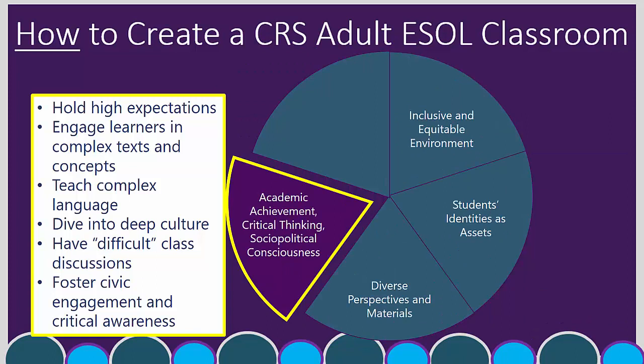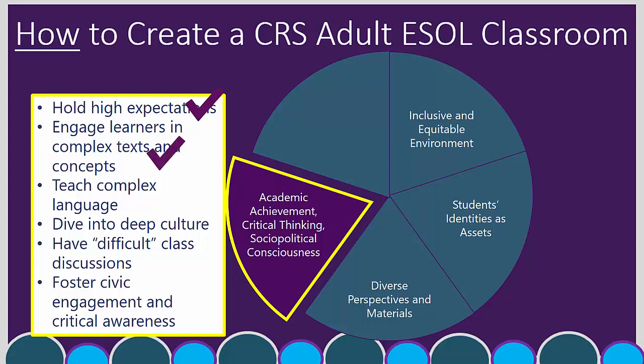Another key element of CRST is academic achievement, where learners engage in higher order thinking and develop socio-political consciousness. CRS teachers hold high expectations of their learners. They believe that all students can succeed, and they challenge any misconceptions students might have about their own abilities. They encourage learners to embrace productive struggle and risk taking as opportunities for learning and success.